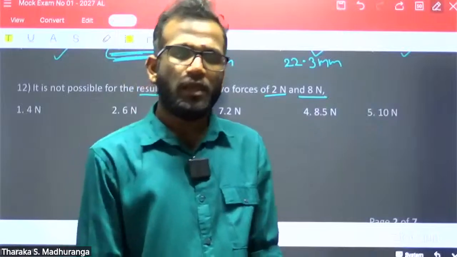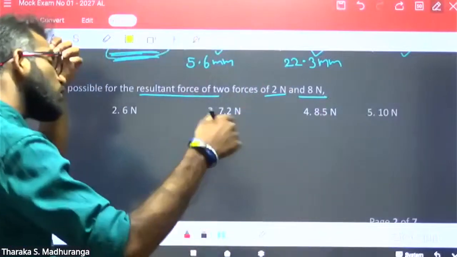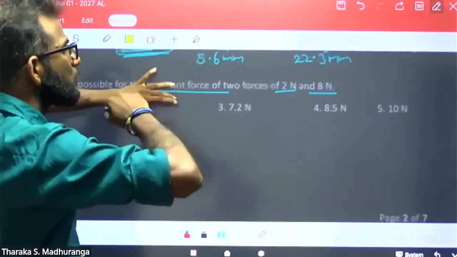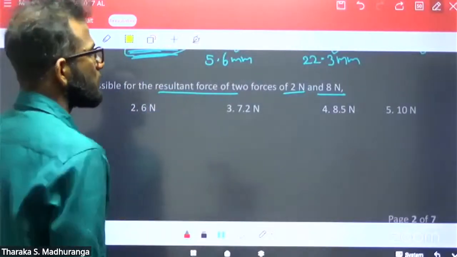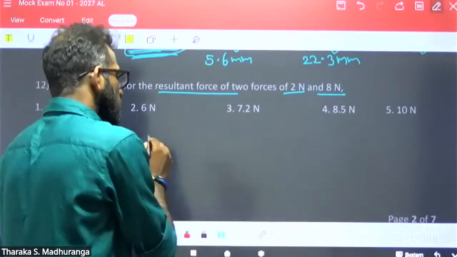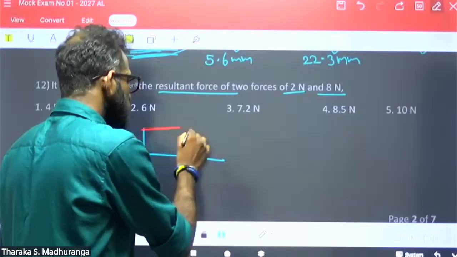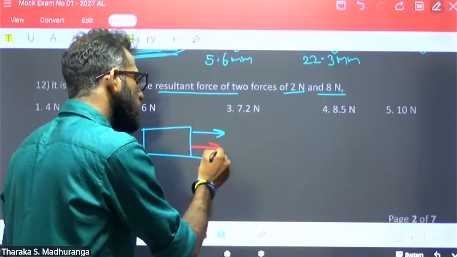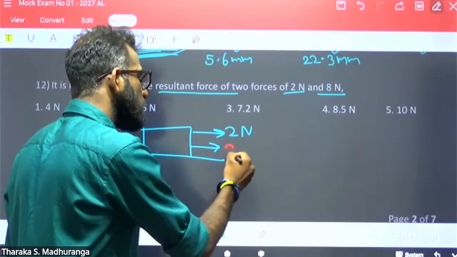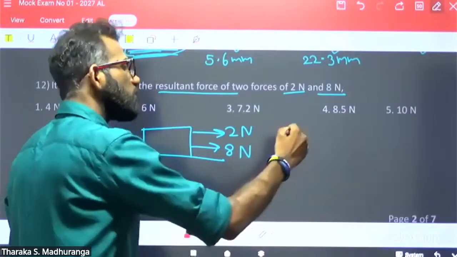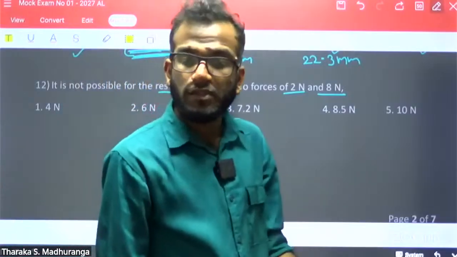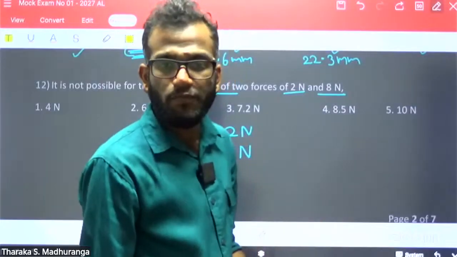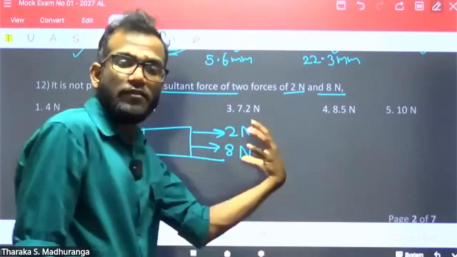But last day in the tutorial class I told one special concept. If these two forces, 2 Newton and 8 Newton, act along the same direction, that is the maximum resultant force that can be attained with these two forces.